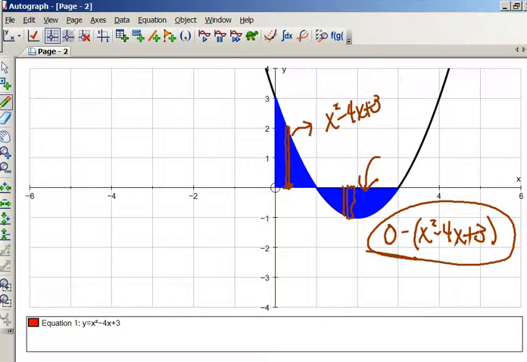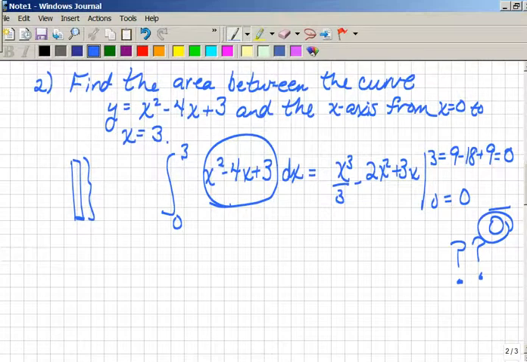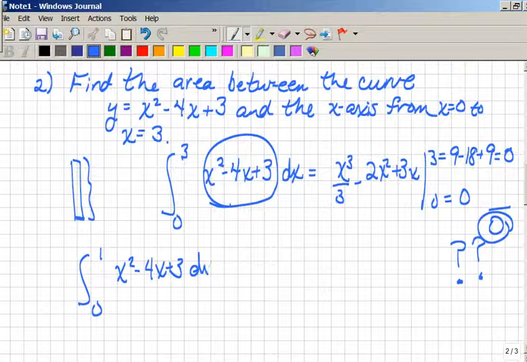We'll integrate from 0 to 1 using this height, and then from 1 to 3 using the second height. So let's see what kind of answer we get now. Alright, let me rewrite this. We're going to integrate 0 to 1 of the curve minus 0, that's the height of the first rectangular region, plus the integral from 1 to 3 where the top is 0 minus the curve.